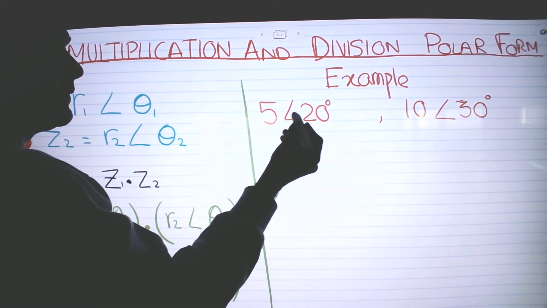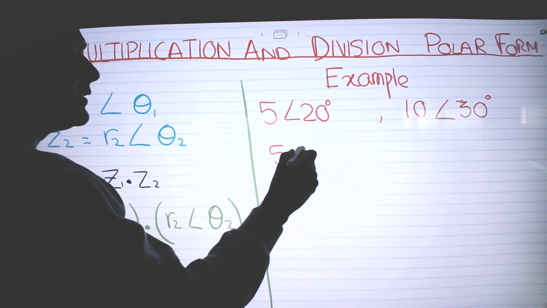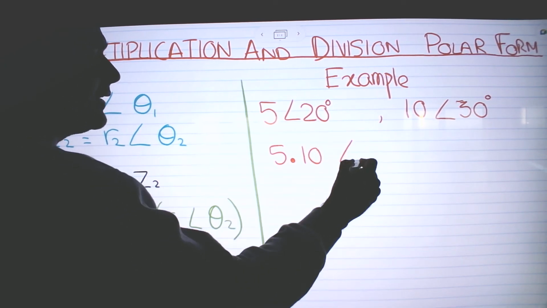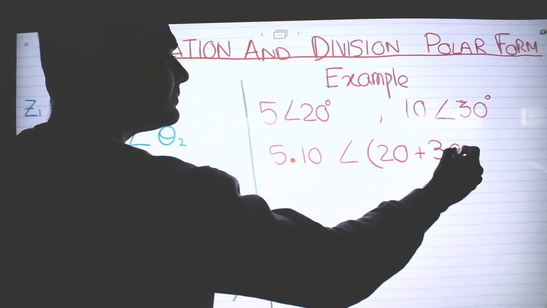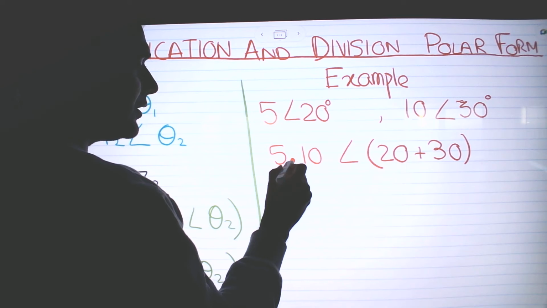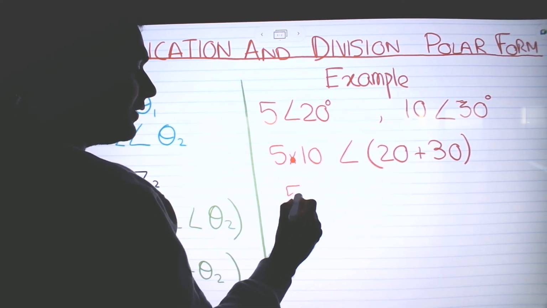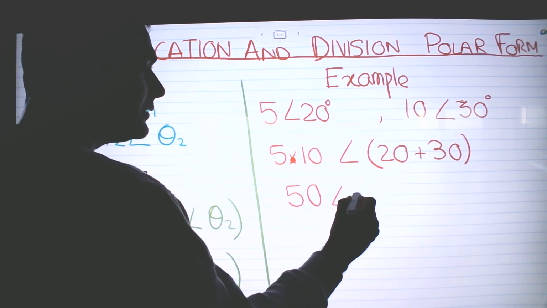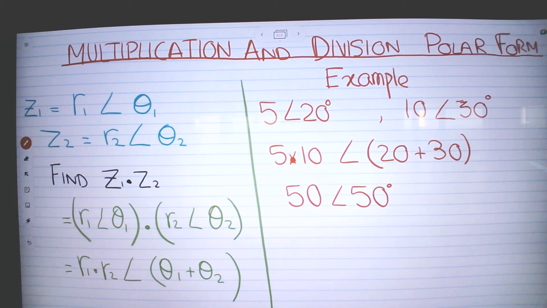If I want to multiply them together, you do 5 dot 10, you multiply 5 times 10, and then you do 20 plus 30. That dot is not a decimal, it's a multiply sign. So 50 angle 50. This is the answer for multiplication.